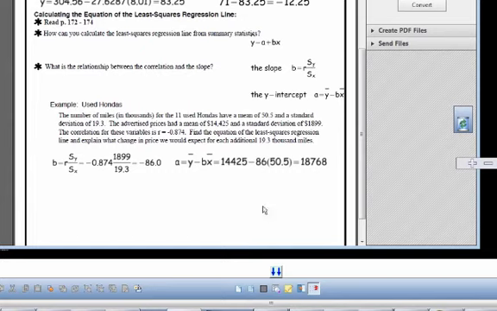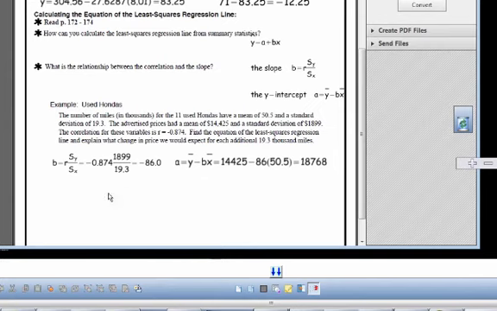Now, to explain the change in price we would expect for each additional 19.3 thousand miles.